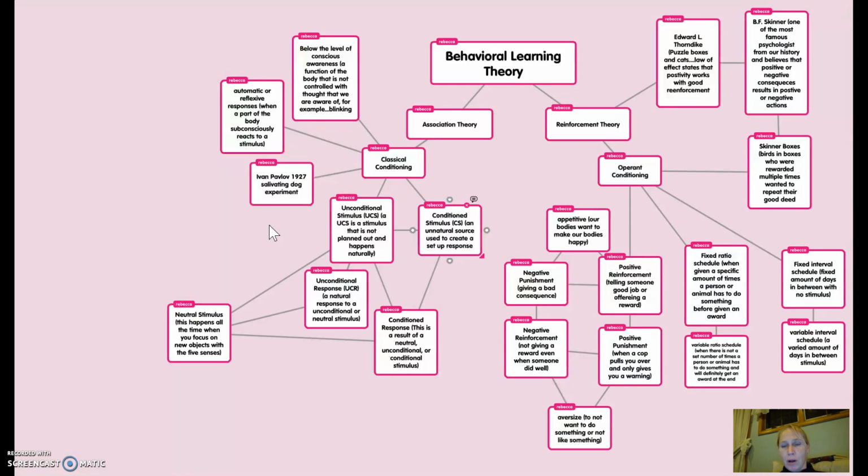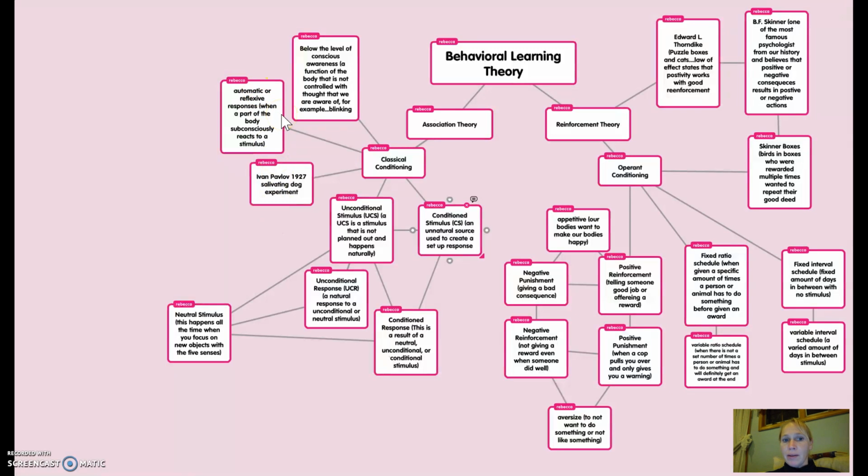Basically, when the dogs smelled the meat and heard a bell ring, they associated the two stimuli together and salivated. Eventually, they took the meat away, and the dog still salivated when they heard the bell ring.